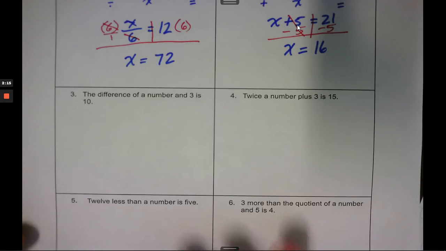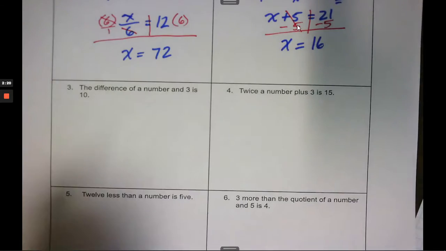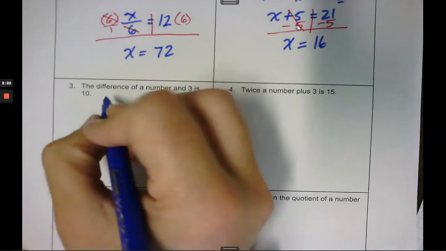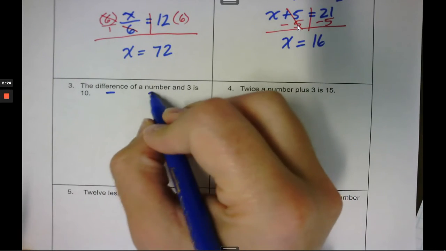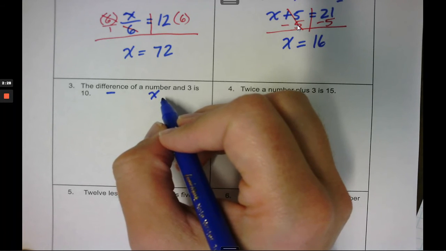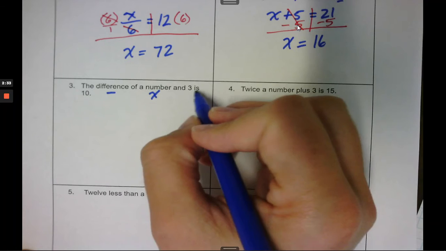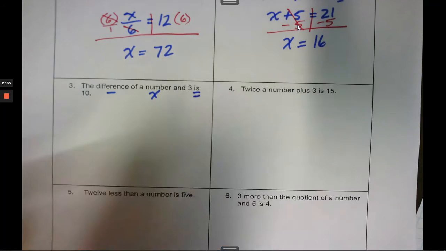Alright, number 3. The difference of a number and 3 is 10. So difference means subtraction. Some number x, and you can use any letter that you would like to represent that. X, n, doesn't matter. Completely up to you. And then 3 is means equal to, right? Equal to 10.